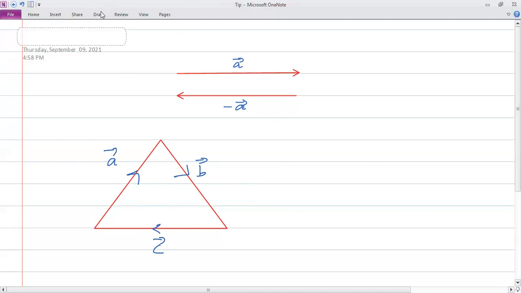Now, if I change the direction of this one, A will become minus A. And if I want to change the direction of this one, instead of this, if I take this direction, this is B, what will this become? Minus B.